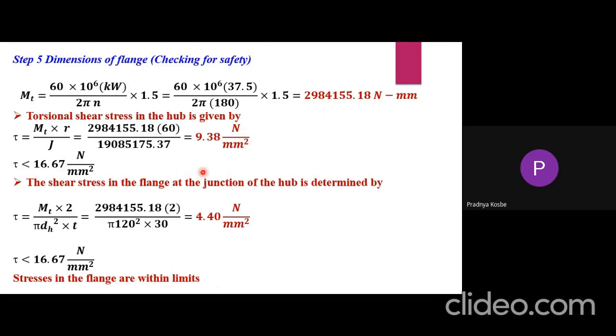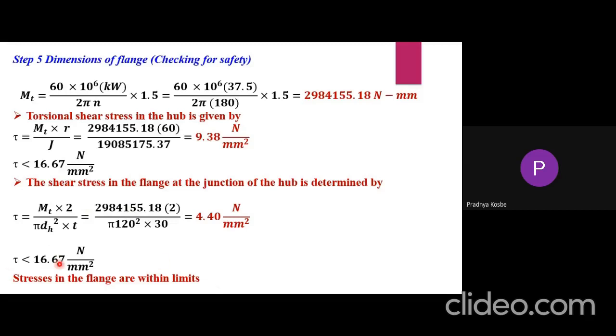Then shear stress in the flange at the junction of the hub is determined by tau is equal to MT into 2 divided by pi dH square into t. After putting the values, dH is 120 and thickness is 30, we will get tau is equal to 4.40 Newton per mm square.